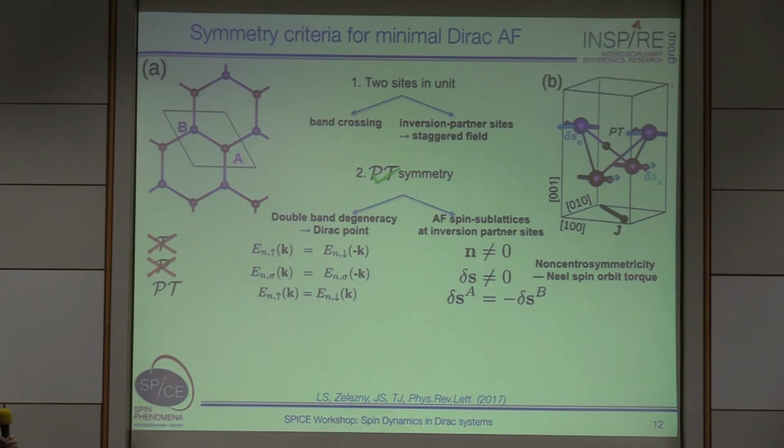The second step is that you need to get a PT symmetry. Surprisingly, you can reformulate the criteria which I was heuristically talking about for the Néel spin-orbit torques in terms of PT symmetry, because these two sublattices are connected by this PT symmetry, inversion combined with time reversal. So what is inversion symmetry doing with spins?